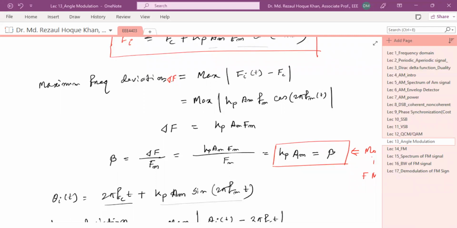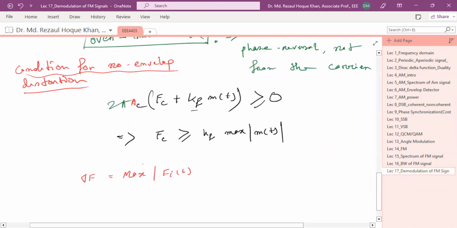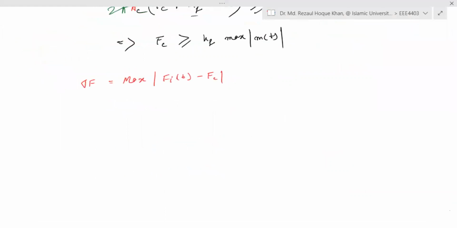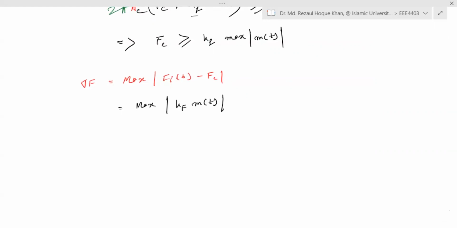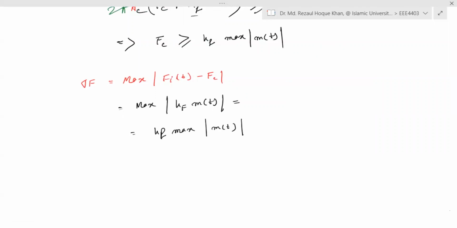By following this equation for maximum frequency deviation, we know that del f is the maximum value of fi minus fc, which is nothing but the maximum value of kf m(t), which is this one.